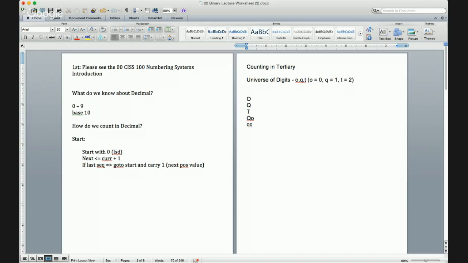And I know that's 1, 1 in tertiary, or the equivalent of it, plus 1. Again, I'm going to move right to left. Q plus 1, what's the next one in the sequence? T. So I'll put the T down, and I'll move my cursor to the left of it. Q plus, of course, 0 is Q.